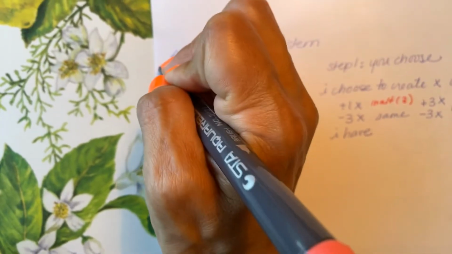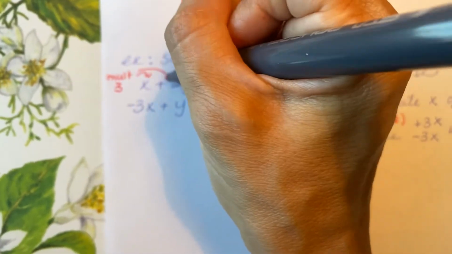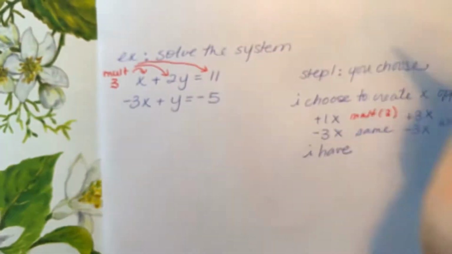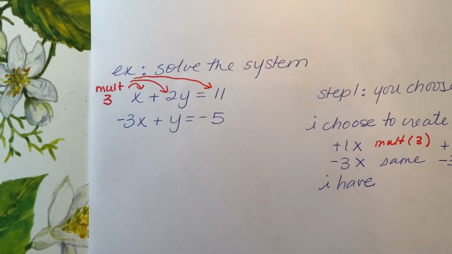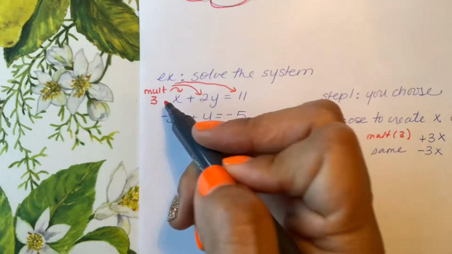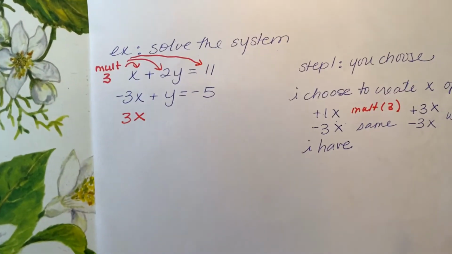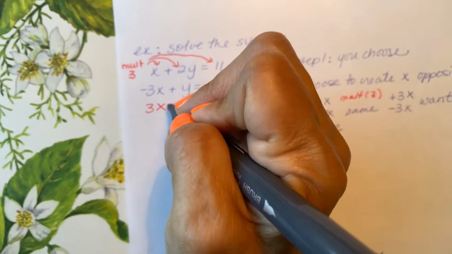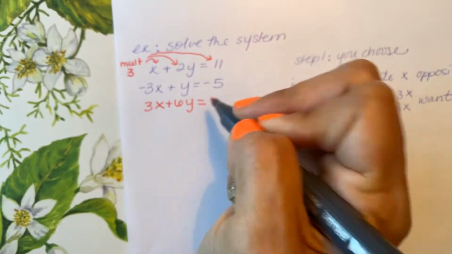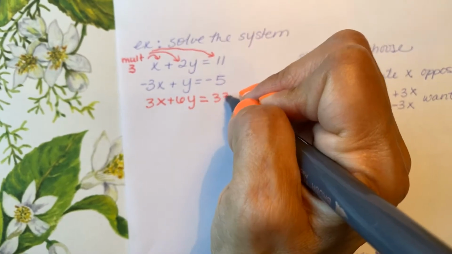So what I'm going to do here is multiply a positive 3 times every term on each side of the equal sign. And so if I do that, 3 times 1 is 3x. 3 times 2 is 6y. And 3 times 11 is positive 33.